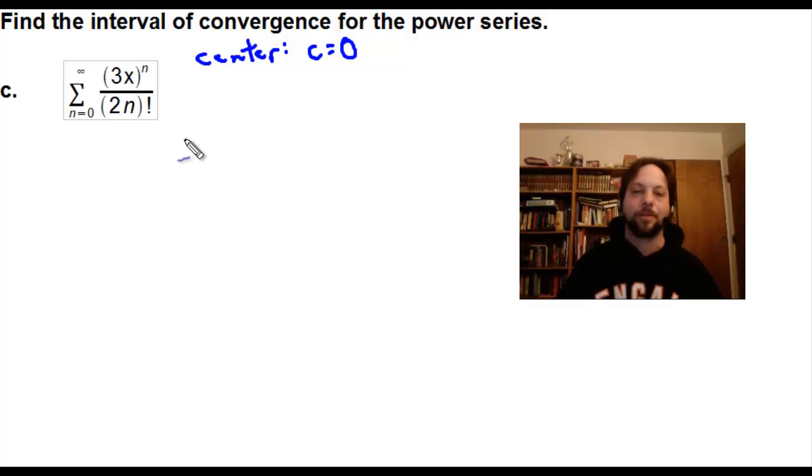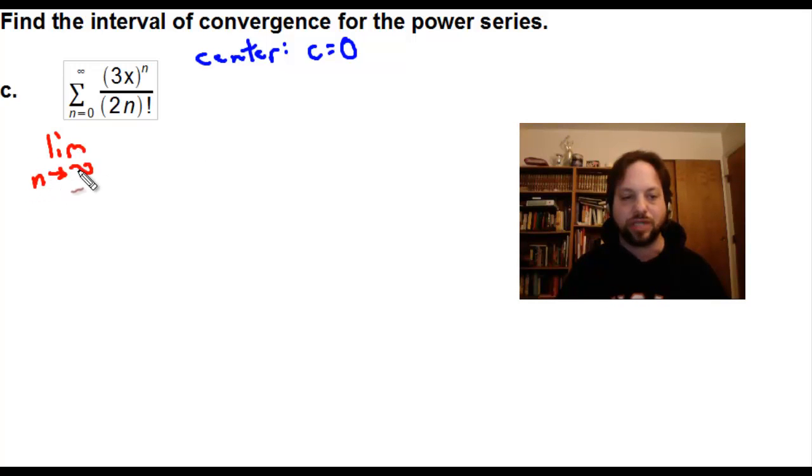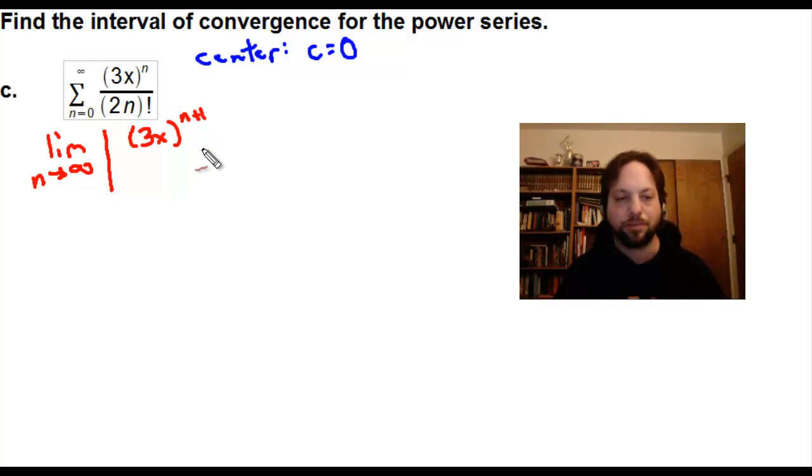Not too bad there. Now, to find the radius of convergence, just as we've been doing, we're going to do the ratio test. So we'll do the limit as n approaches infinity of the magnitude of this. The next term in this power series will be 3x quantity to the n plus 1 power, and on the denominator, we'll have 2n plus 2 factorial.